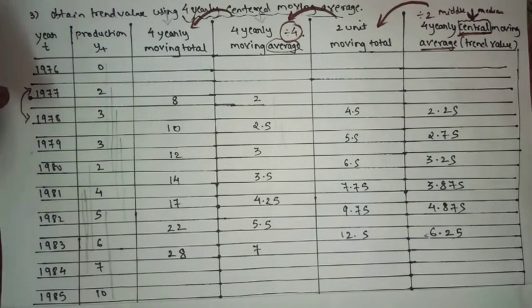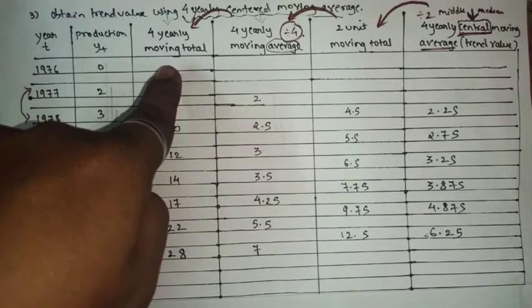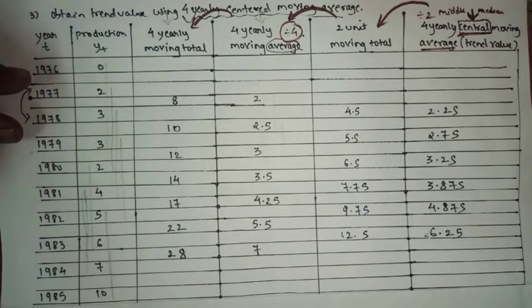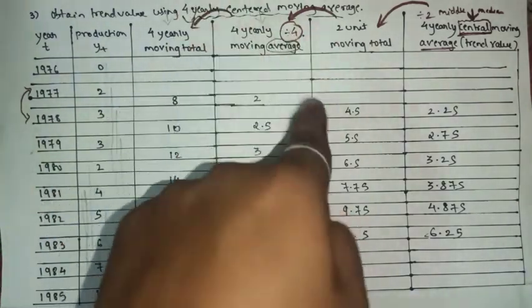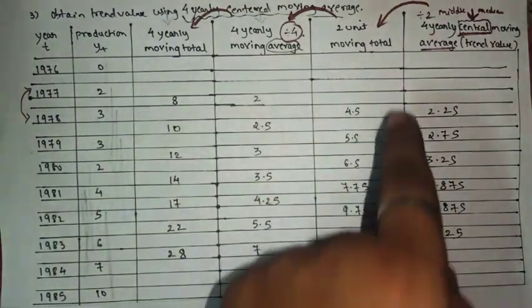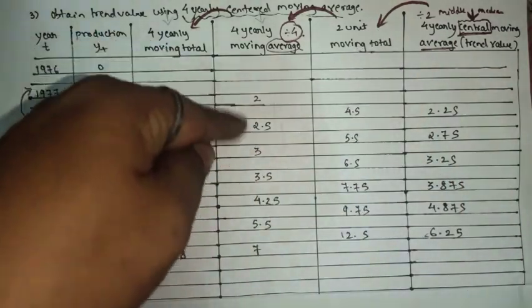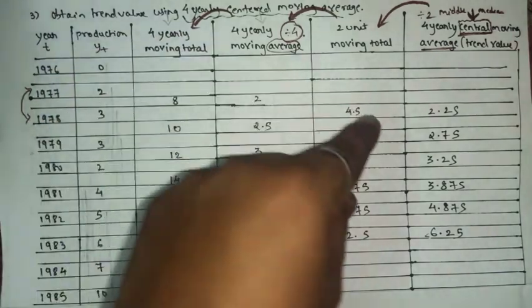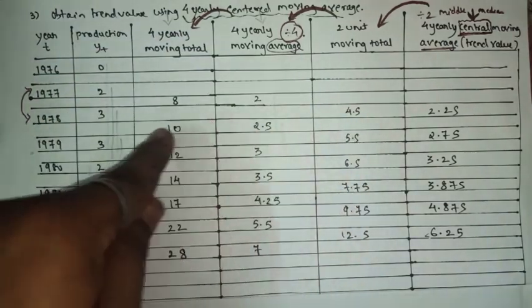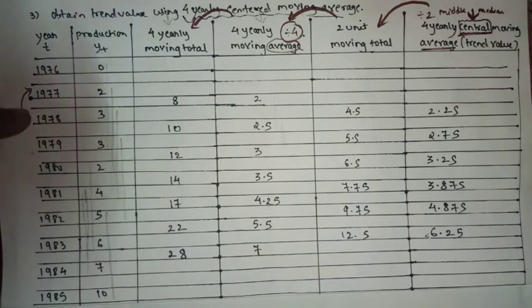And remember this point: for the third column between these two, for the fourth, dividing each number by 4, 2 unit means adding these two numbers, but you will write the answer between these two, where that answer lies exactly on the third number, that means third year.